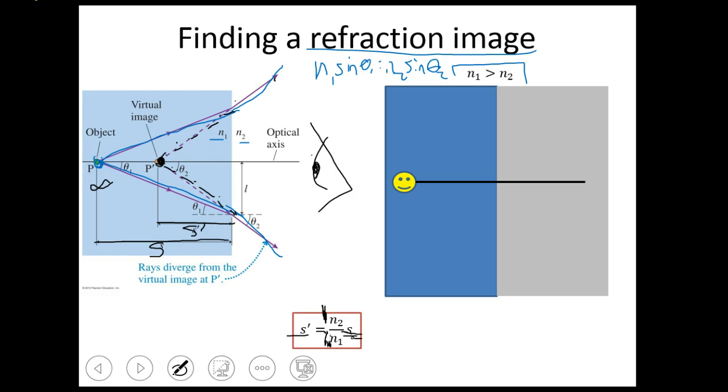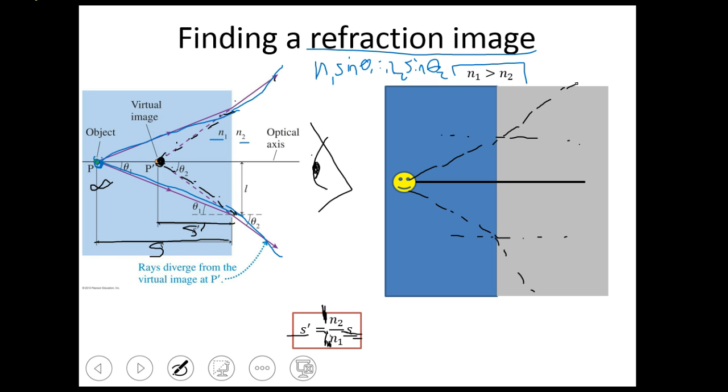And so, like for our smiley face, if I know n1 is greater than n2, then I know that as this goes outwards, this light is going to bend away from the normal. So I've got light that's going out, and I've got these normals here, and another normal here, and that light is going to bend away from the normal.